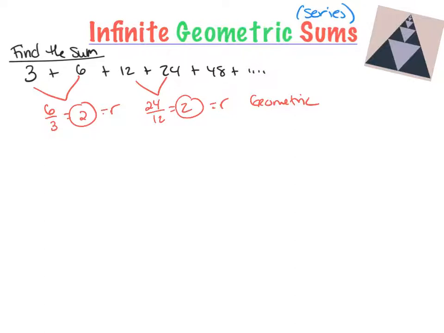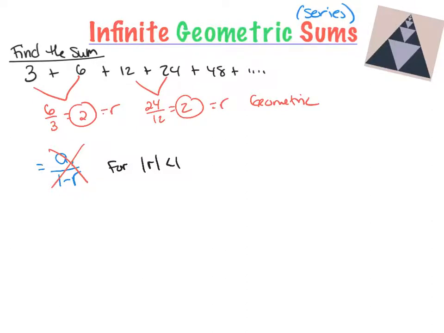So instead of popping into our formula, a1 over 1 minus r, we can't use that formula for this one, because that formula only works for r being less than 1, or the absolute value of r being less than 1.